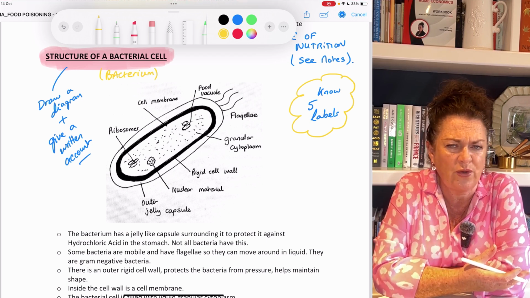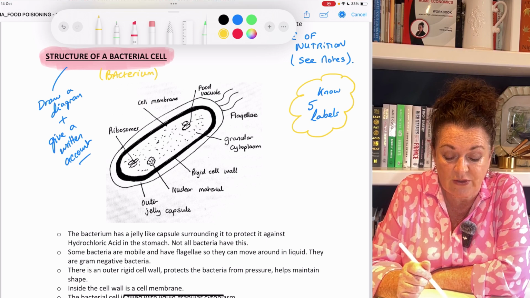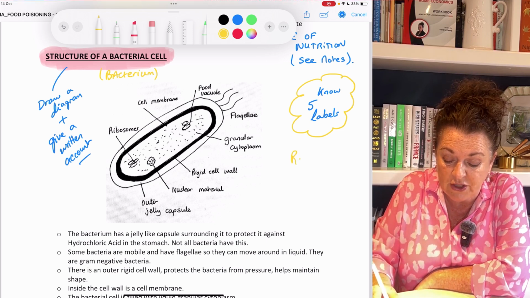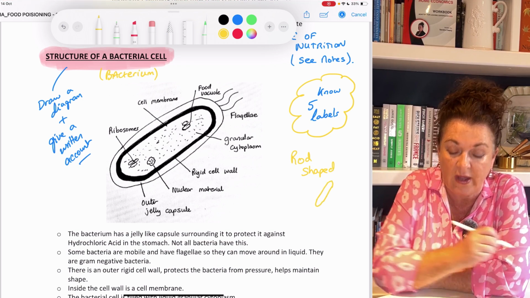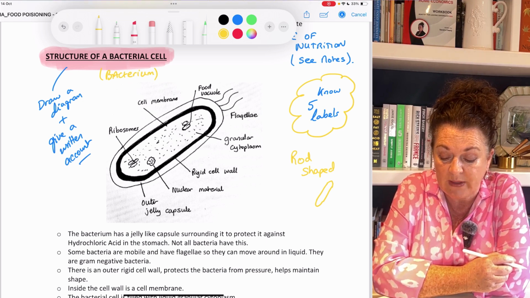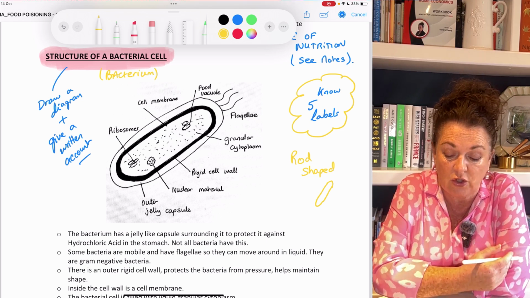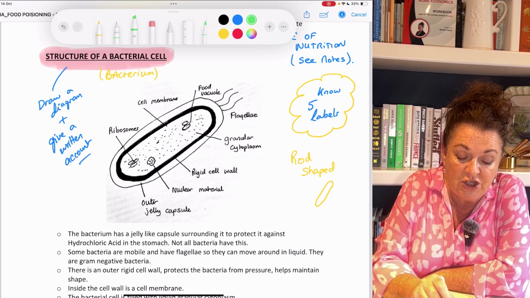Now, how do I know it could be Salmonella? First of all, the shape, which is called rod-shaped bacteria. And rod-shaped bacteria, we'll look at in a few minutes, have straight sides and then have a curve at both ends. The other thing that makes me think it could be Salmonella, or Salmonella could look like this, is we have what are called flagellae.